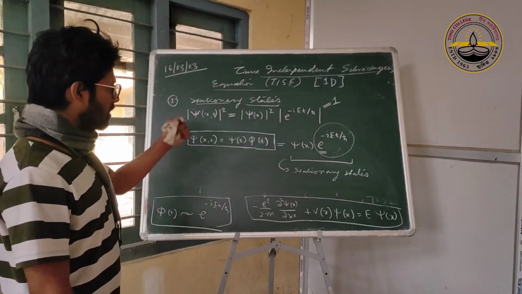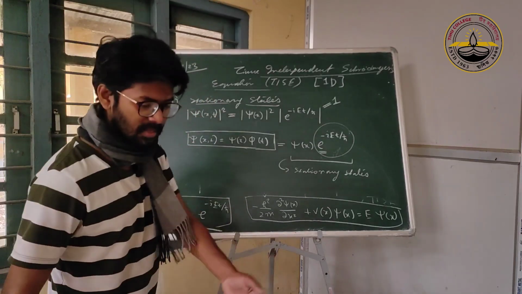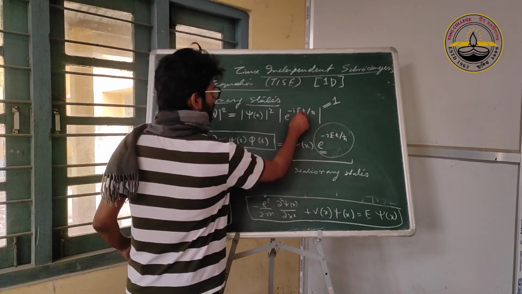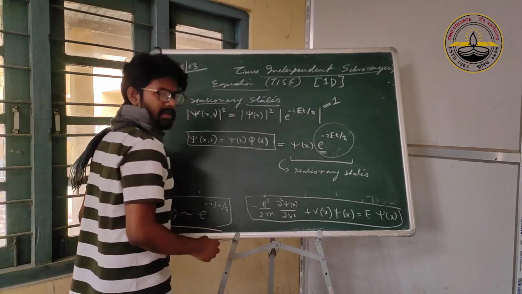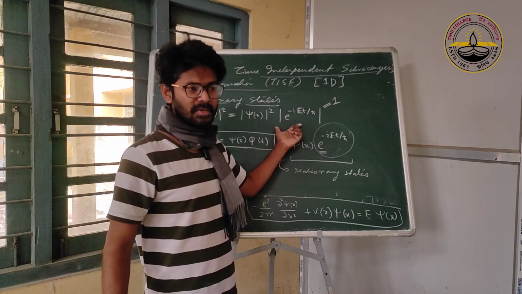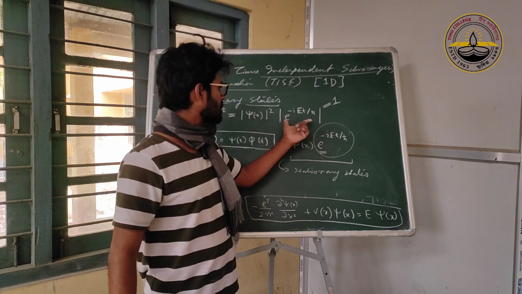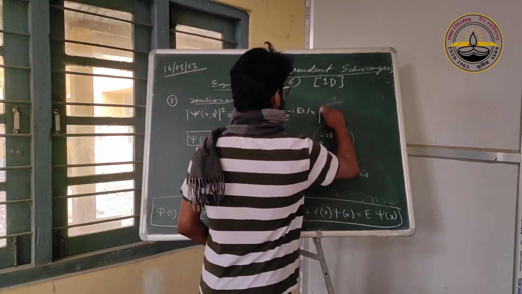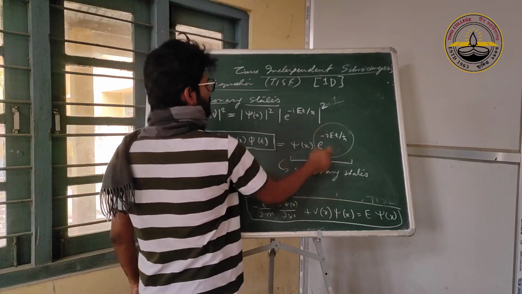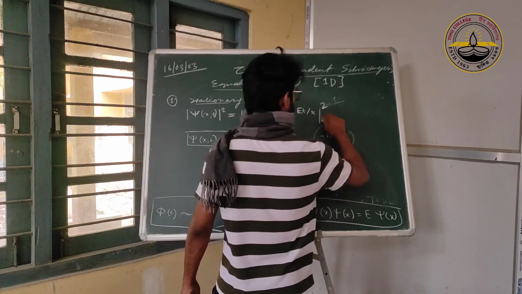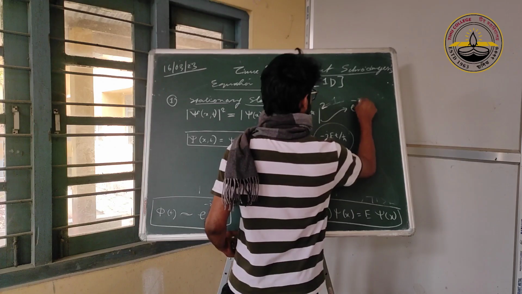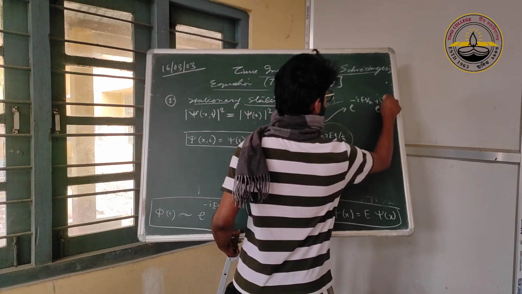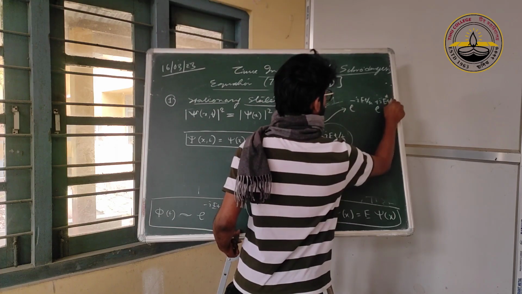But why, how does it have to be 1? Because if E is real, then of course this term is 1. Because this is just e to the power minus i E t by h cross, and this is mod squared, right? Times e to the power plus i E star t by h cross.